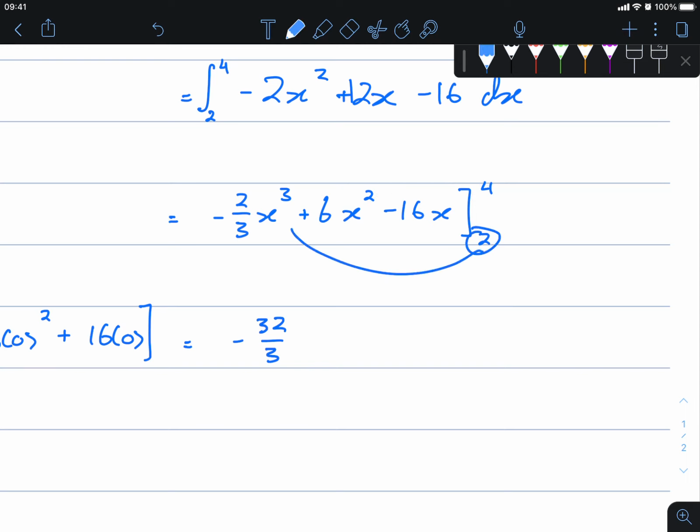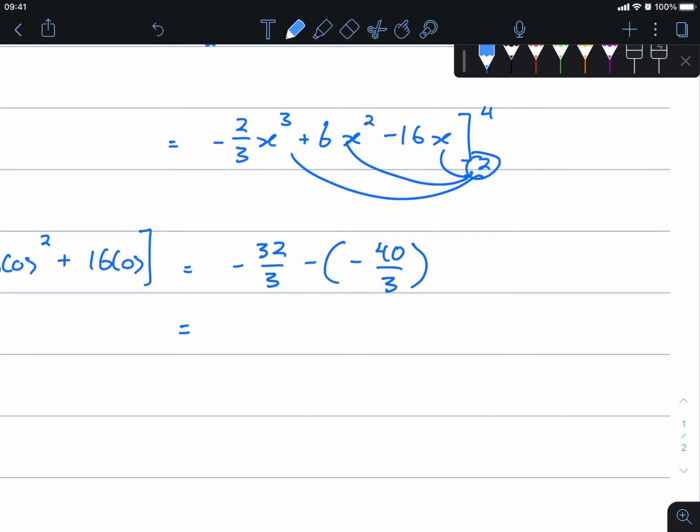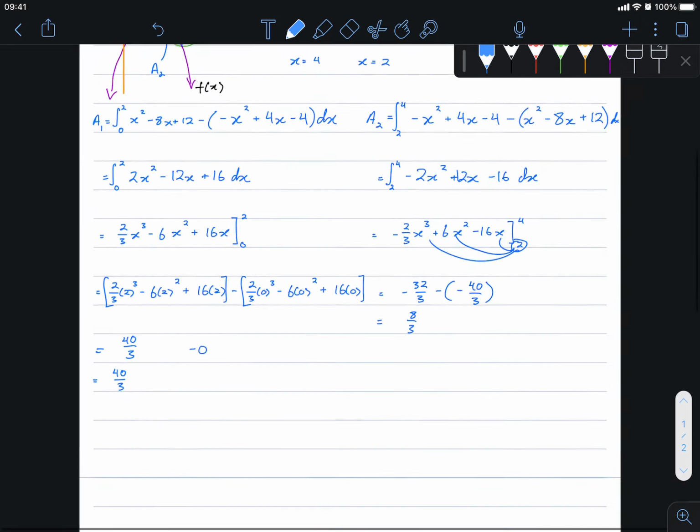Now I'm substituting 2 in for all of them. So substituting 2, 2, and 2. I'm getting minus negative 40 on 3. Negative 32 on 3 minus 40 on 3. I'm getting 8 on 3.